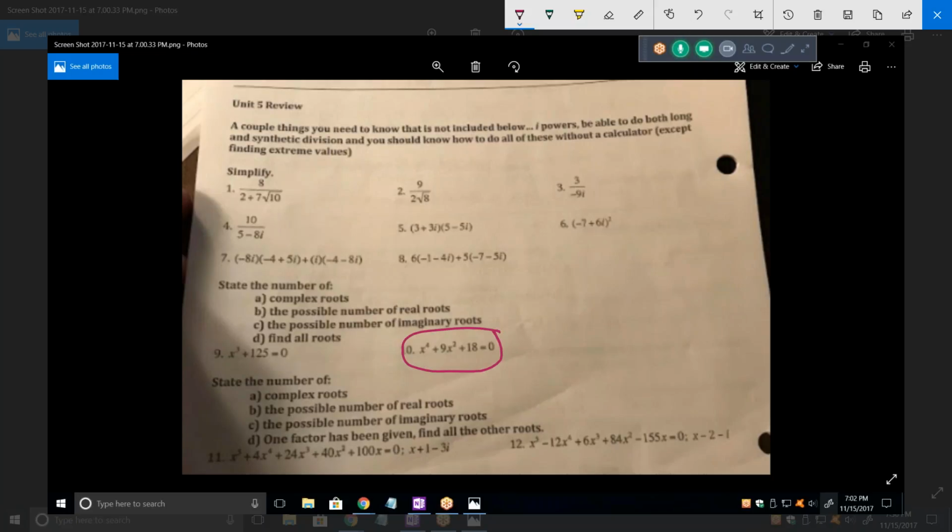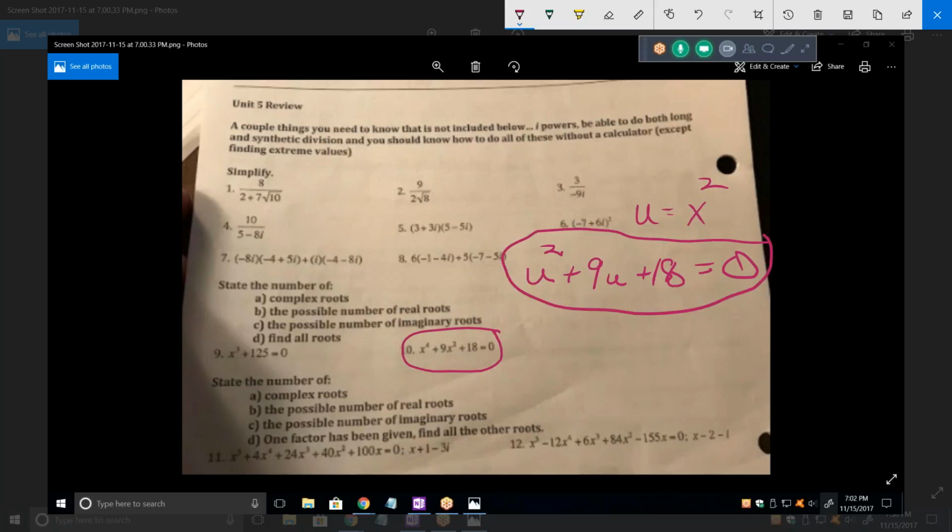But if I were to say, let u equal x squared, then what am I looking at? I'm looking at u squared plus 9u plus 18 equals 0. If I can solve that, then I'll be well on my way to solving for x.